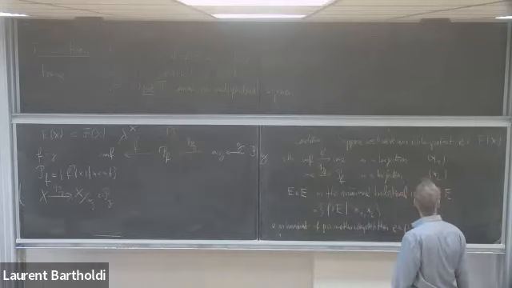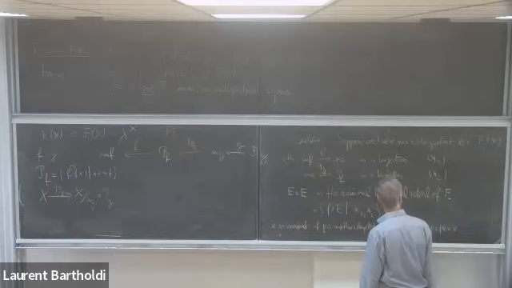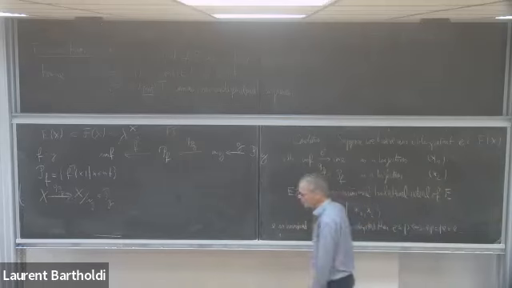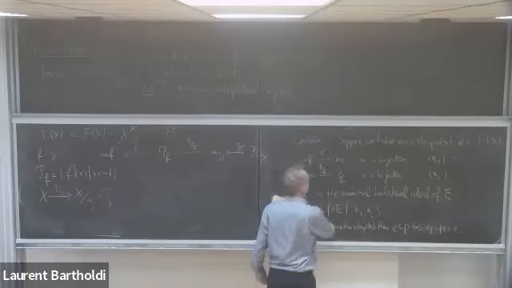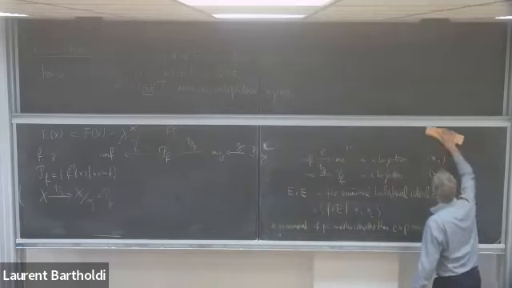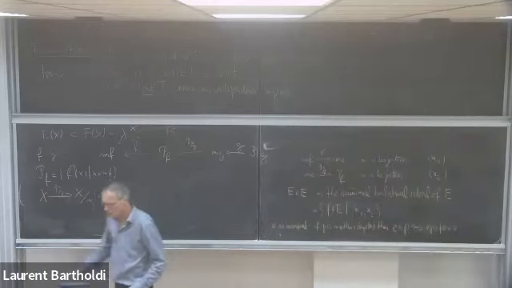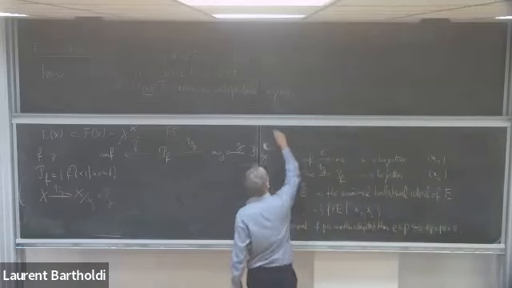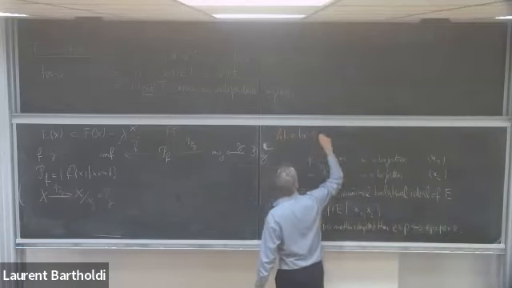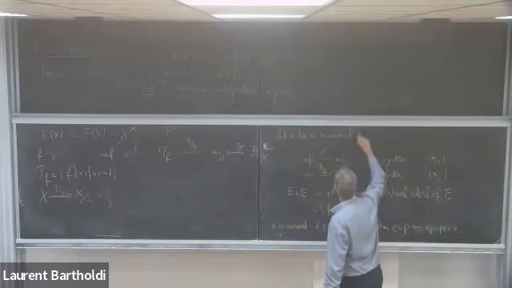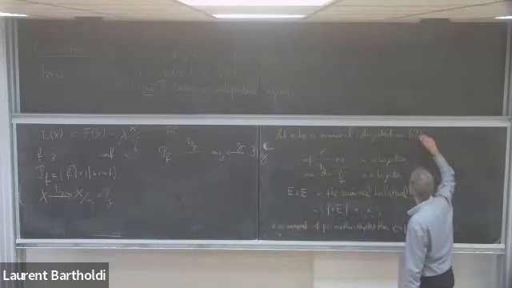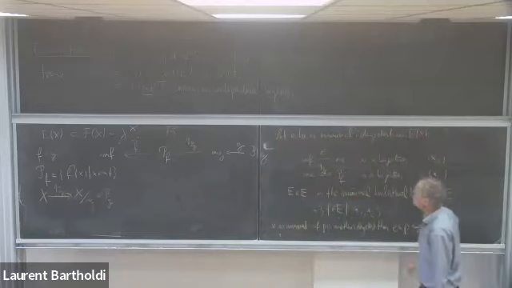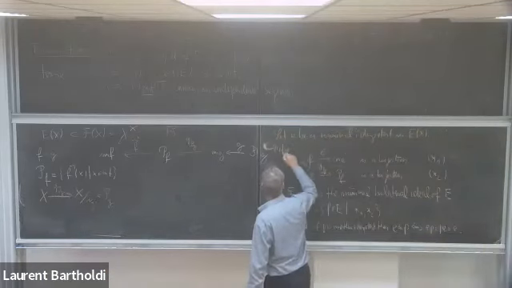So let's write it properly. That E is the minimal idempotent in your X. And now define these two properties.